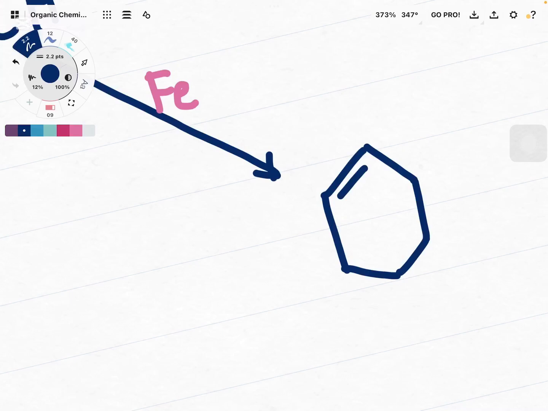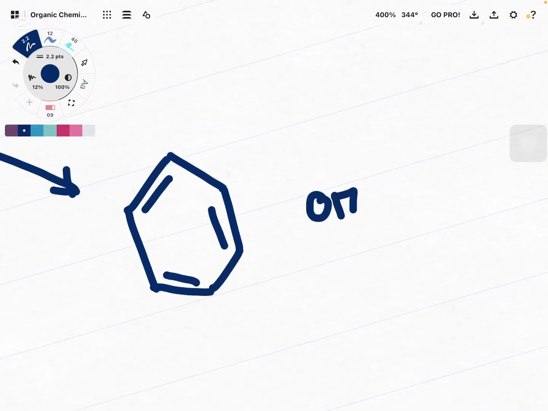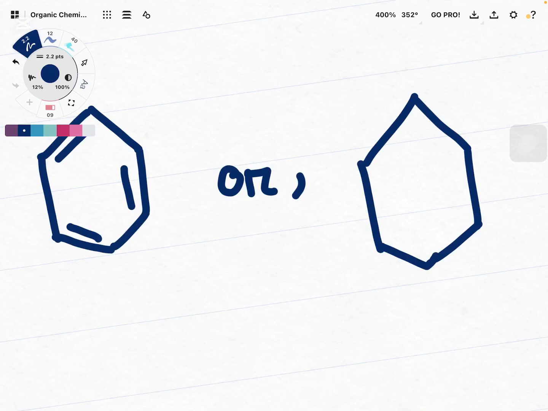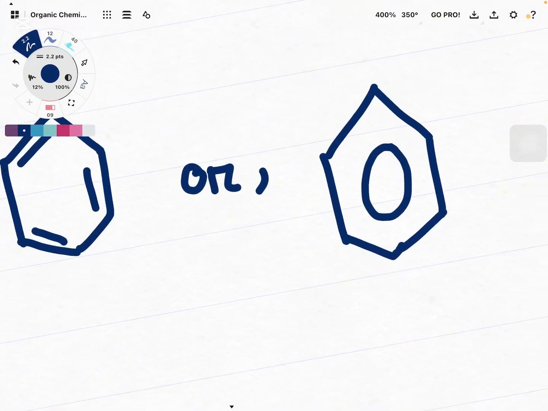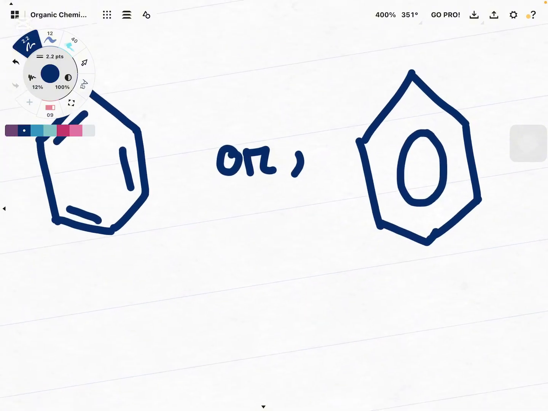So we can write it as this, or we can simply draw a hexagon and put a circle in the middle of it. We can do it because we can represent the delocalized electrons, pi electrons actually, among the 6 carbon. We can represent it this way.